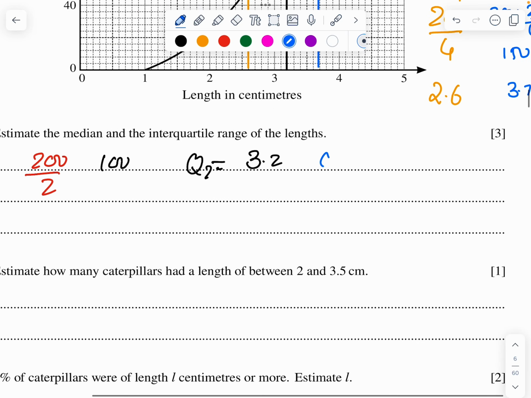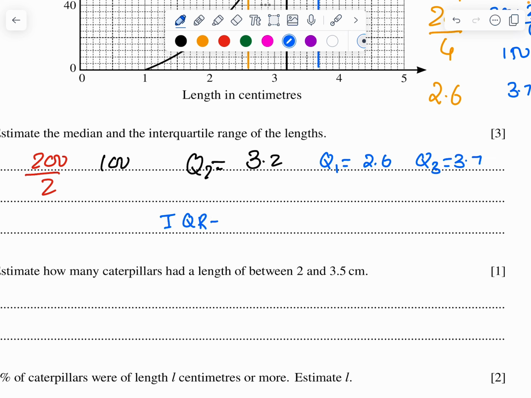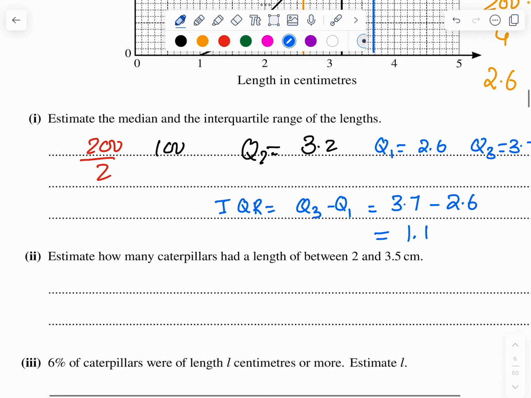So Q1 was 2.6, Q3 was 3.7. The interquartile range is Q3 minus Q1, which is 3.7 minus 2.6, which is going to be 1.1. That's going to be the answer.